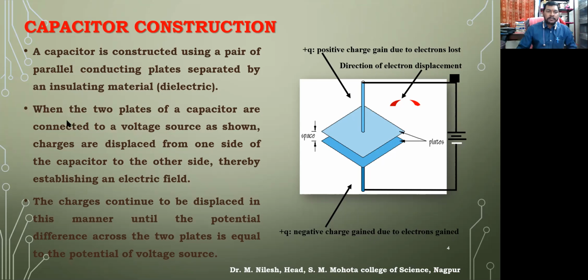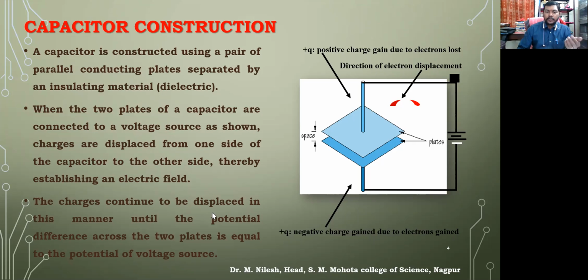When the two plates of a capacitor are connected to a voltage source, as shown in this diagram, charges are displaced from one side of the capacitor to the other side, thereby establishing an electric field. Since it is connected to the positive terminal, the upper plate is going to be deposited with positive charges, and vice versa, the lower plate is going to be charged with negative charges.